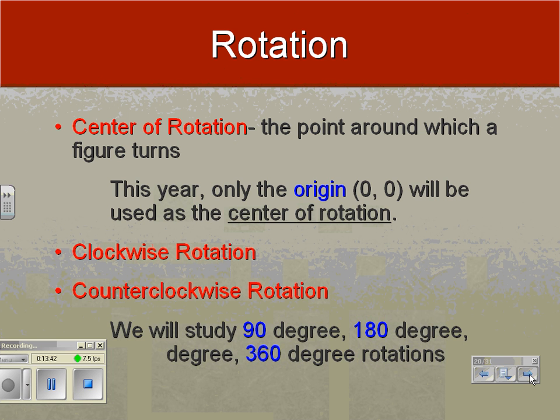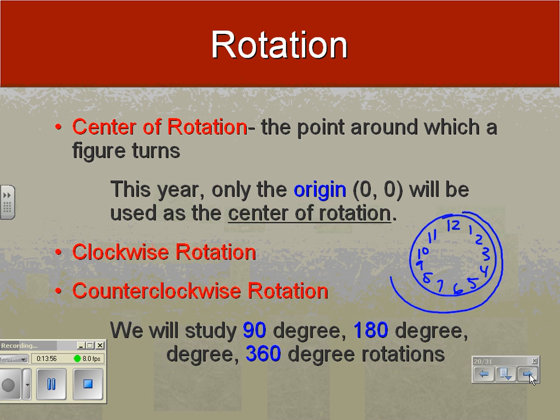So if you think about a clock, if you move forwards, 1, 2, 3, 4, 5, you follow the natural pattern of the clock. That is considered clockwise.